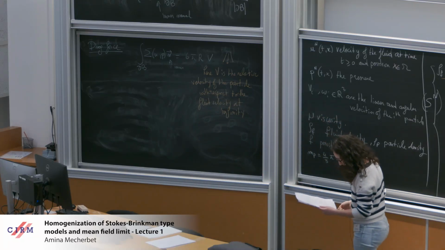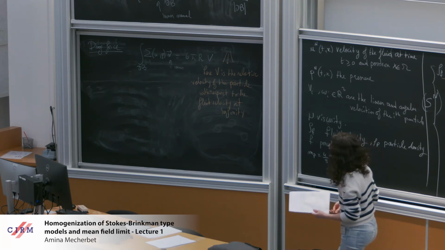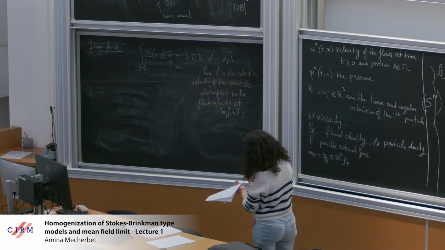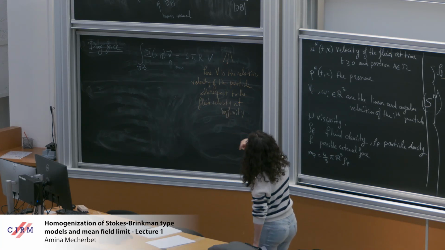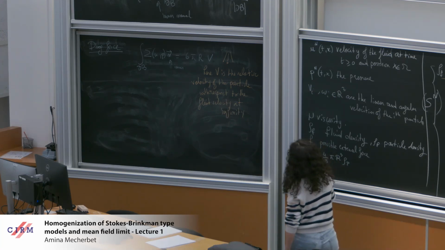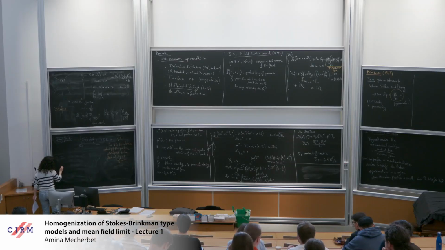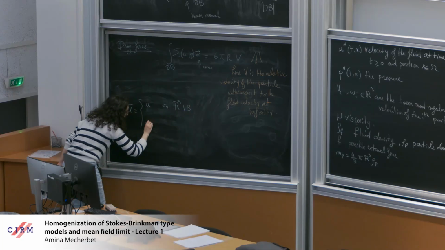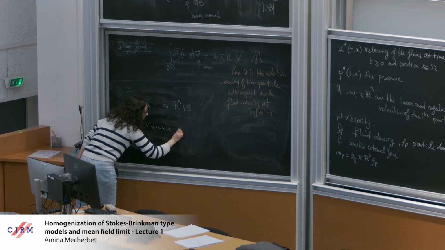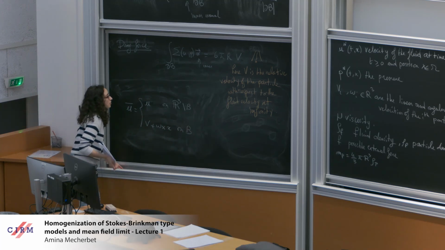Okay. And what I wanted to say also is that now that we have computed the Cauchy stress, the normal components of the stress tensor, we can also see that if we extend the velocity by the rigid motion inside the ball, we get something which is continuous and well-defined.